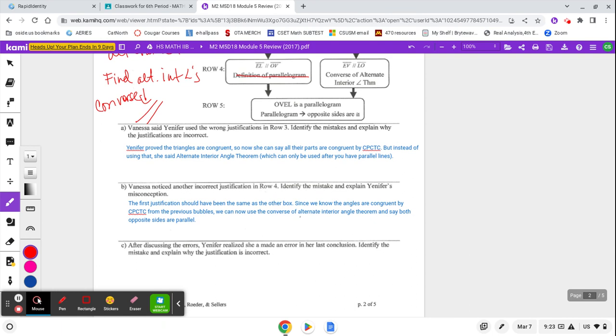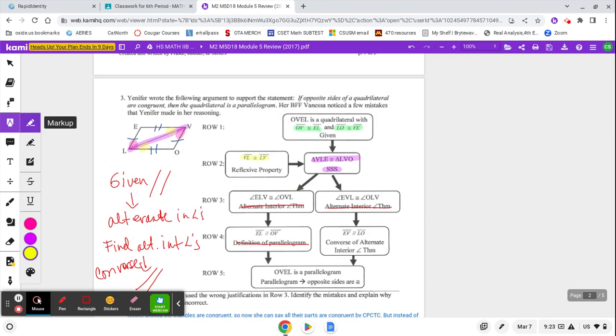Finally, after discussing the errors, Yennefer realized she made an error in her last conclusion as well. Identify the mistake. So now we can say that it's a parallelogram because the opposite sides are congruent. Meaning way back up here in the beginning, that's what Yennefer was thinking. If opposite sides of a quadrilateral are congruent, then the quadrilateral is a parallelogram.